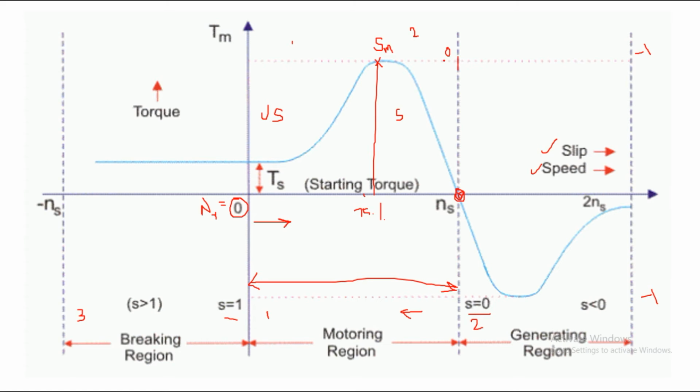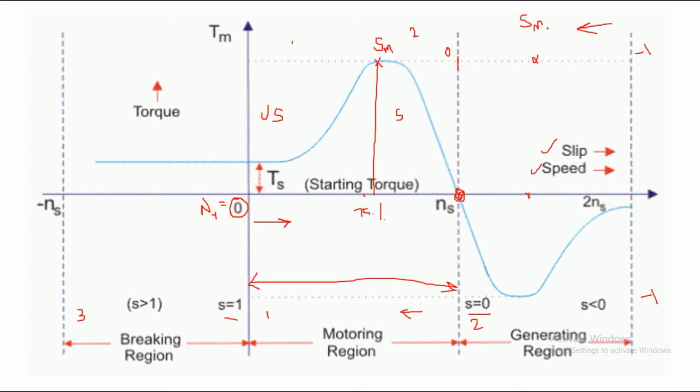And now we'll see 0 here and minus 1 is here, and we know the direction of the slip. It is moving towards the left hand side of us, right? So this range, that is up to 75% of rated speed, we can say this point is SM.